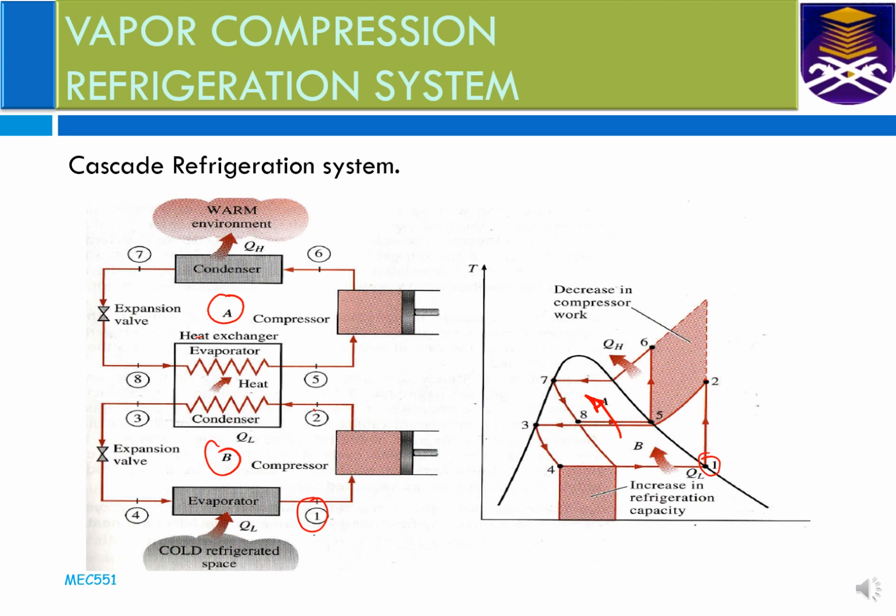Then it will be compressed in the compressor, and the heat will be rejected by the condenser into the warm environment, and then expand in the expansion valve. As for the bottom cycle, the expansion is in this process and then it comes back to the evaporator. So the evaporator of the bottom cycle will absorb the heat from the refrigerated space.